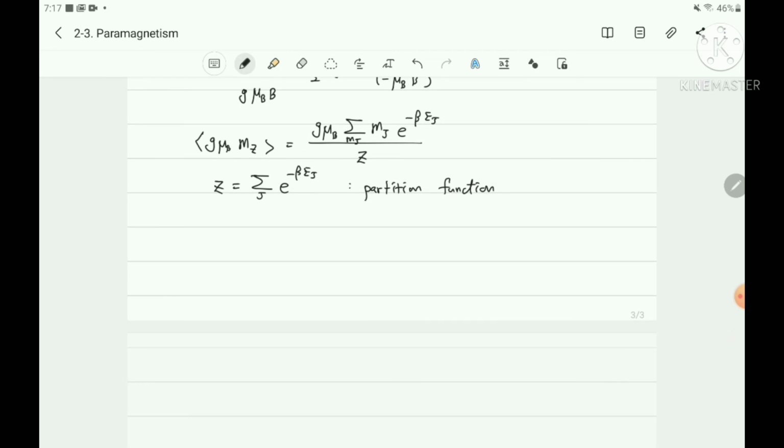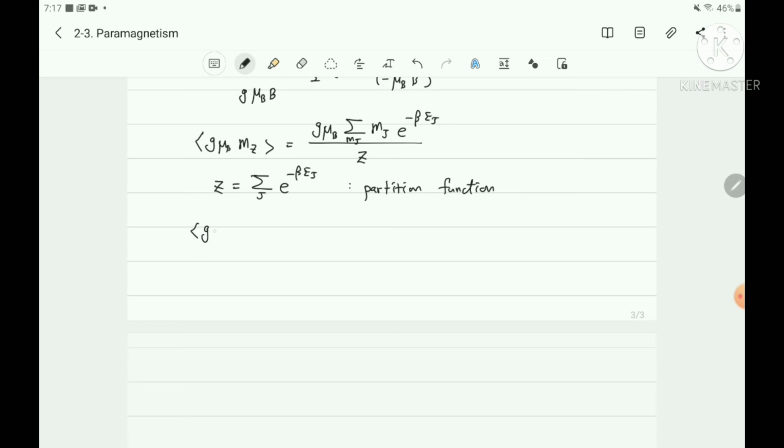As you know, the partition function is very important in statistical mechanics, and if we know the partition function, we know everything about the system. Therefore, here there are two possibilities: one is spin up and the other is spin down. It is very simple to calculate.